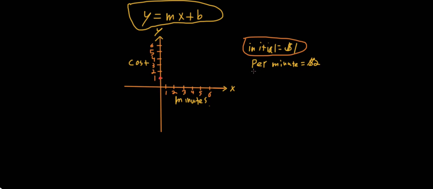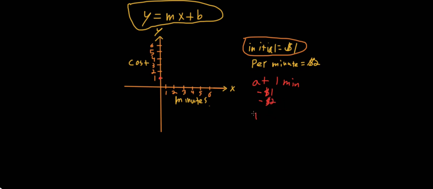Now, per minute, you get charged an extra $2. So at 1 minute, you're paying the initial fee of $1 and you're paying $2 for the minute that you spent.